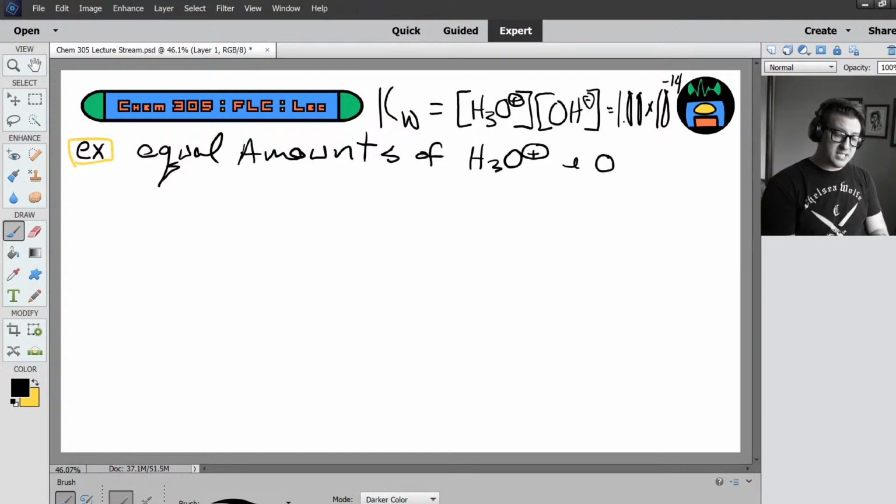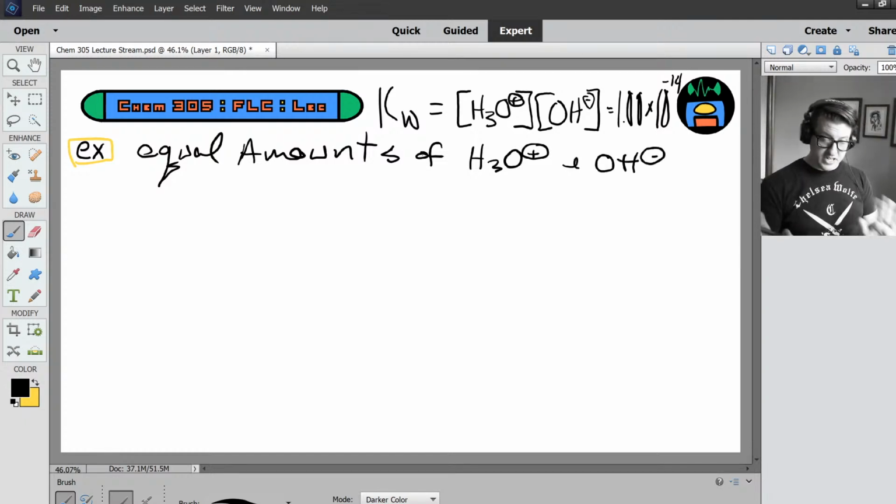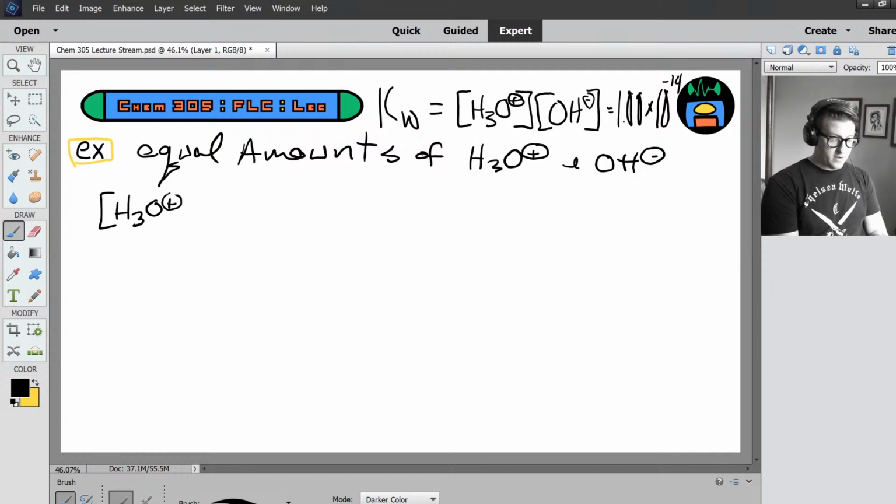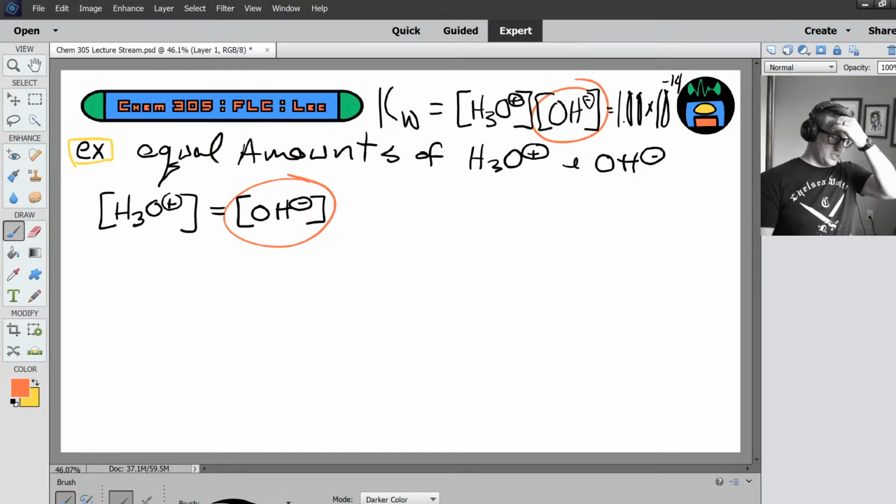All right, what that means is if you have the same amount of each in solution, that literally means that the molarity of one is equal to the molarity of the other. What that allows us to do then is to substitute into this equation, solve for one, and then we come back and solve for the other, right?